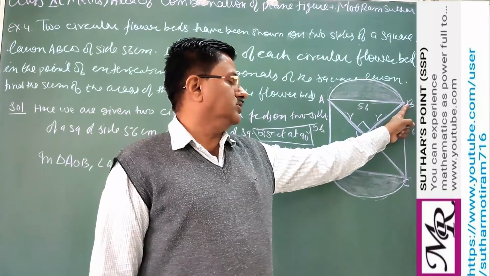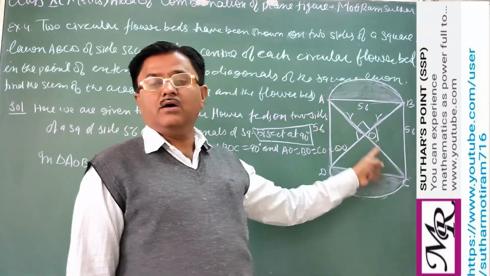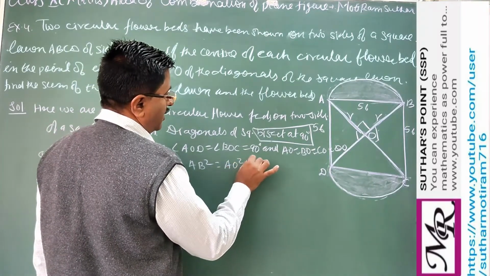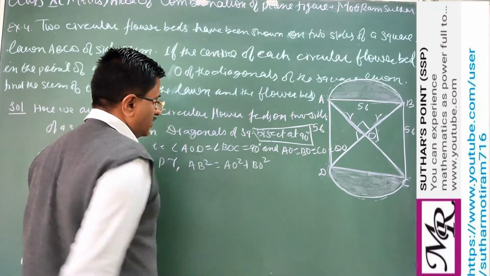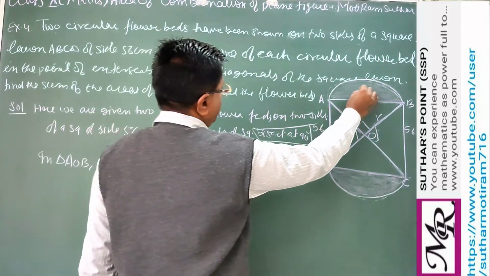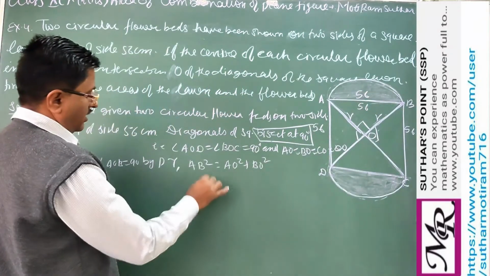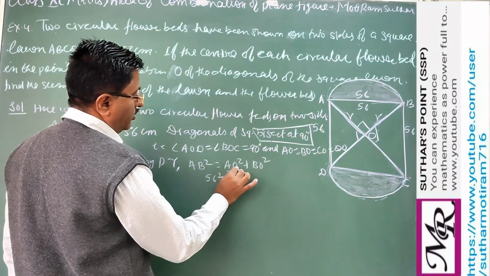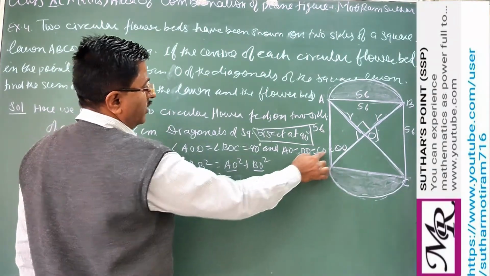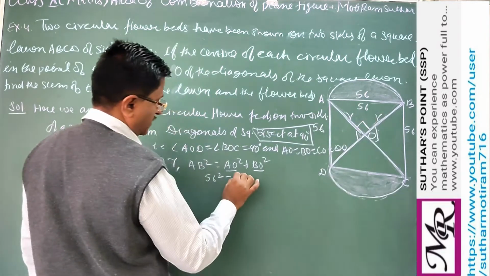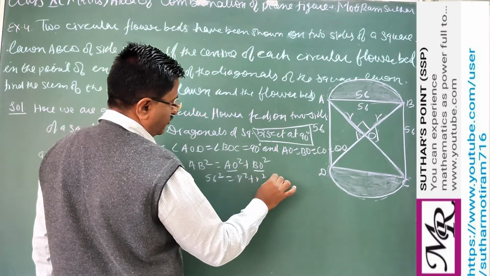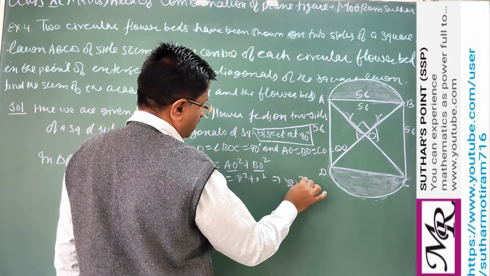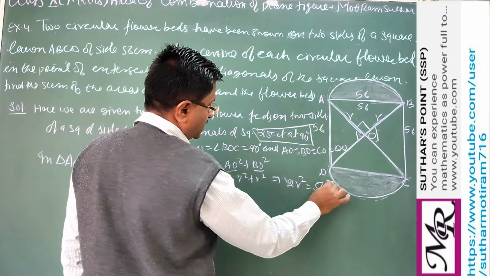The square of the hypotenuse equals the sum of the squares of the other two sides. So AB squared equals AO squared plus BO squared. Now AB is already given, the side of the square, so 56 squared equals, now AO equals BO, supposing the radius R, R squared plus R squared. So from this we find 2R squared equals 56 squared.